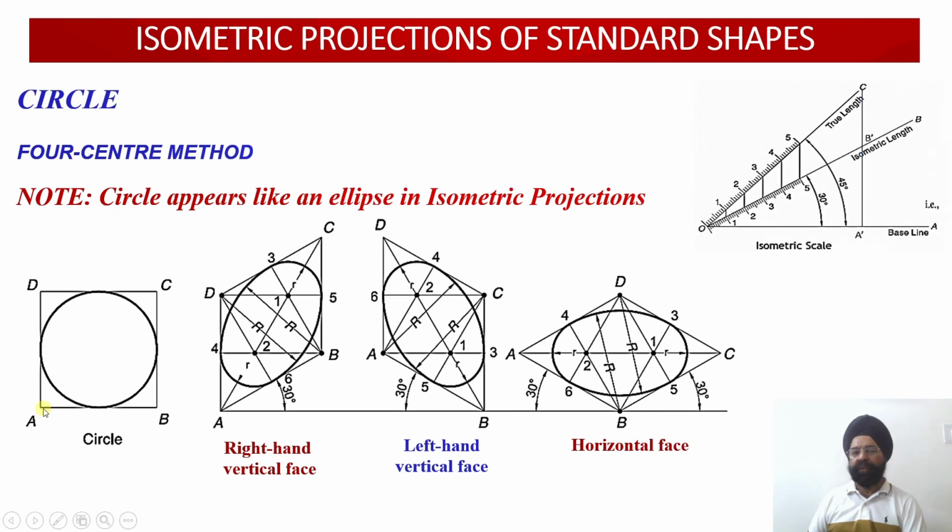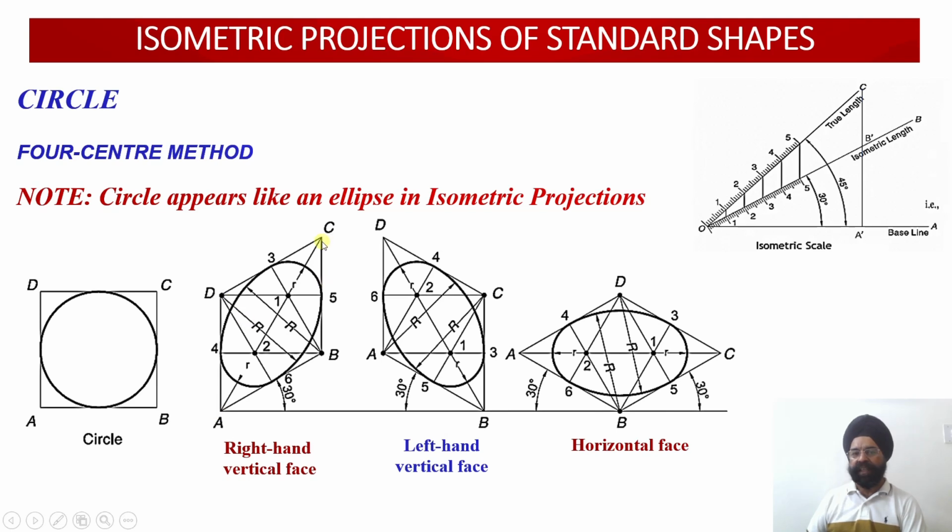And once we draw a square which is going to inscribe the circle, we know that one fundamental is already cleared, because in the last lecture we had seen how to draw a square onto the isometric projections, and we had evaluated that once we draw a square in the isometric projections, it looks like a rhombus. Once again, the shape of the square is not retained in the isometric projection.